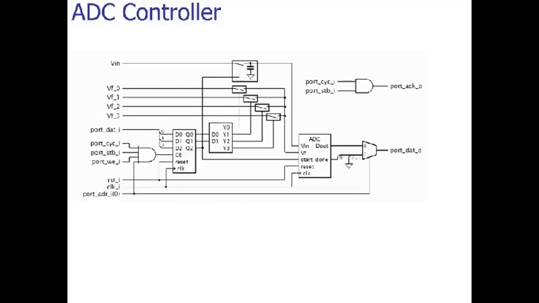These reference voltages VF0, VF1, VF2, VF3 will be applied to this ADC, and this is governed using only 2 bits, Q of 0 and Q of 1. So this 2:4 decoder is basically used to take care of this reference voltage VF0 to VF3. So you can add this information for this ADC controller.